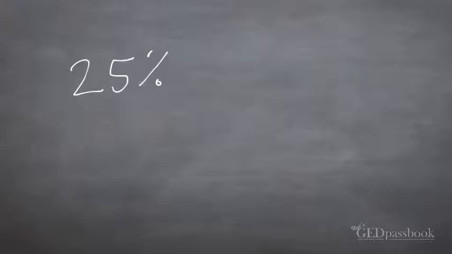Does anybody have any idea? Put a point in front of it, or a decimal in front of the... Yeah. So 25%, that is not a decimal, my friends. 25% is 0.25 in decimal form.